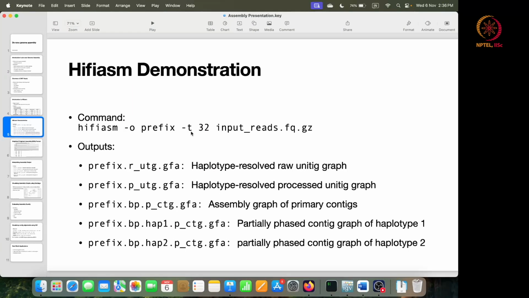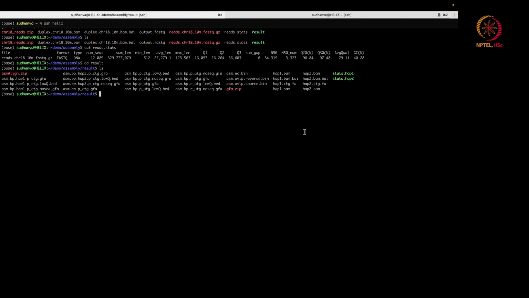-t tells hifiasm how many threads are to be used. In this case we are using 32. The last thing to be provided to hifiasm is the set of input reads. In this case we are providing the FASTQ reads in the gzipped format. So, we will do the same thing here.